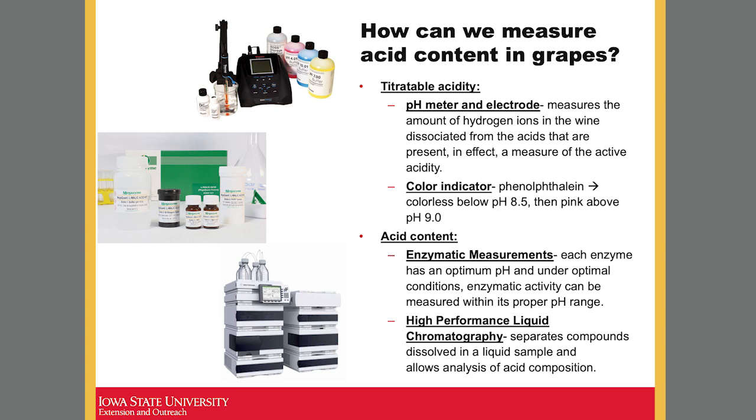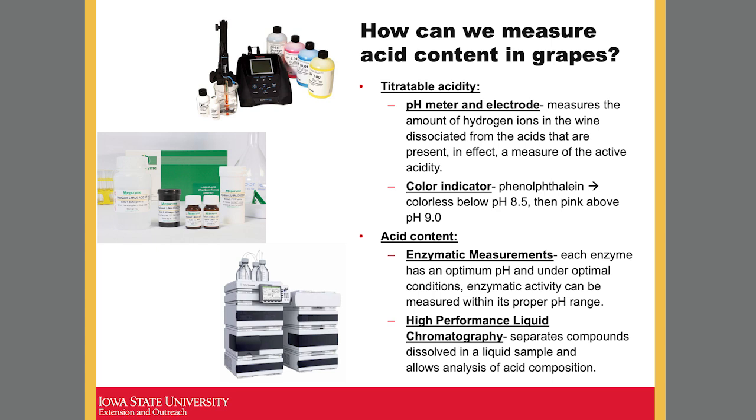Another way to measure acids and acid content is using enzymatic measurement, looking at the enzymatic activity based on the different types of organic acid you have. Or you can use much more expensive equipment that we have in labs, but you most likely don't have: high performance liquid chromatography.